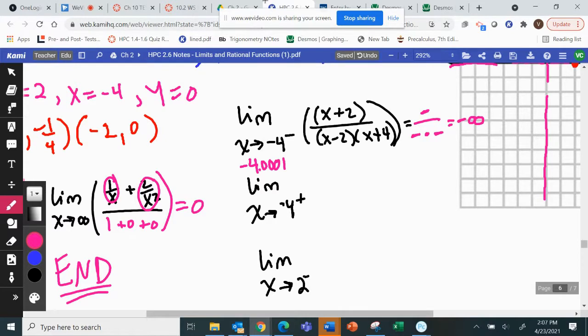I will use negative 3.999. And now I'm starting to cheat because of time. I can still see the equation. I just don't want to waste your time. So if I put negative 3.999 in, I've got a negative over a negative multiplied by a positive. So positive infinity.